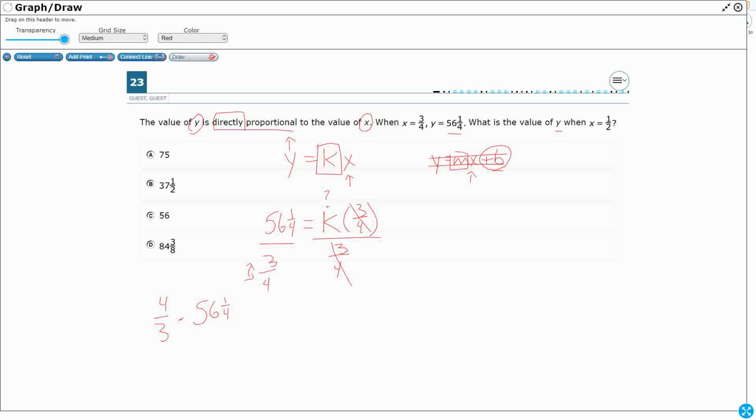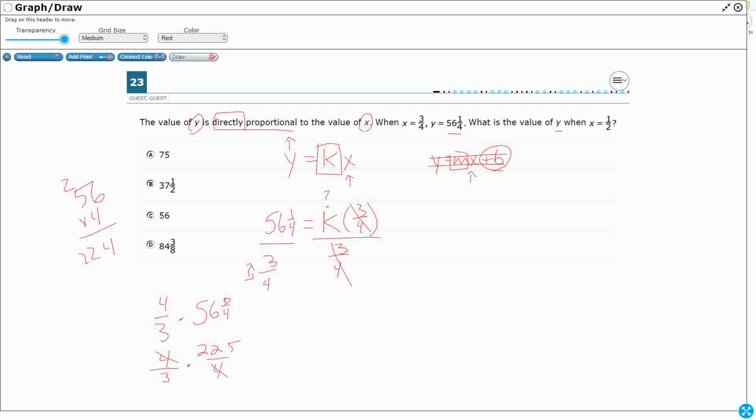And take a look at this 56 and 1/4. What is 56 times 4? I'm going to make that an improper fraction. It's 224, plus 1 is 225, so I'm going to really make this 4/3 times 225/4. Well, if I multiply that, take a look, your 4 over 4 is going to cancel.